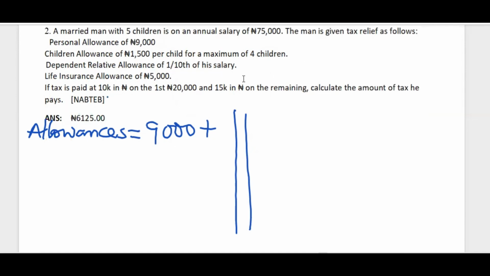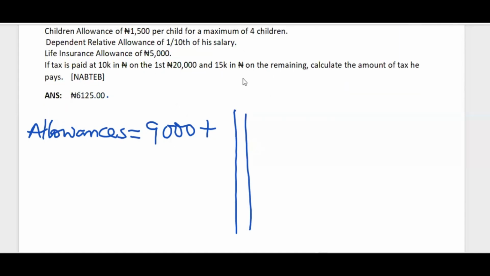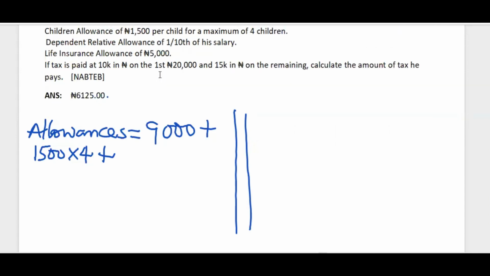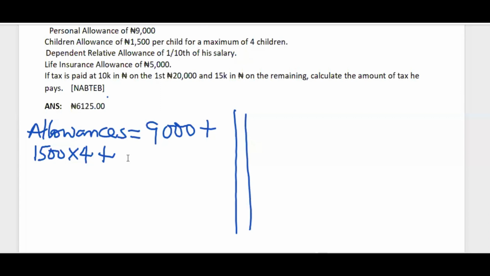So we can say plus 1,500 times 4, plus, after children allowance, we have the dependent relative allowance, which will be 1/10 of his salary. And don't forget his salary is 75,000. So that one is going to be 75,000 divided by 10.